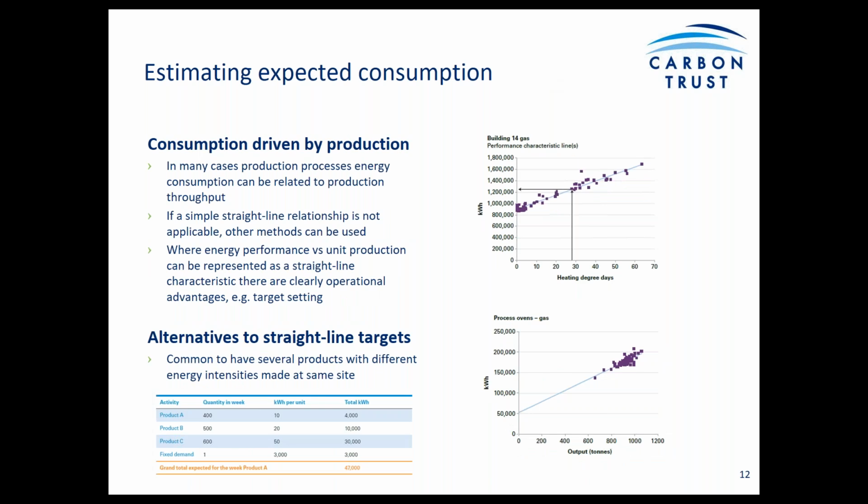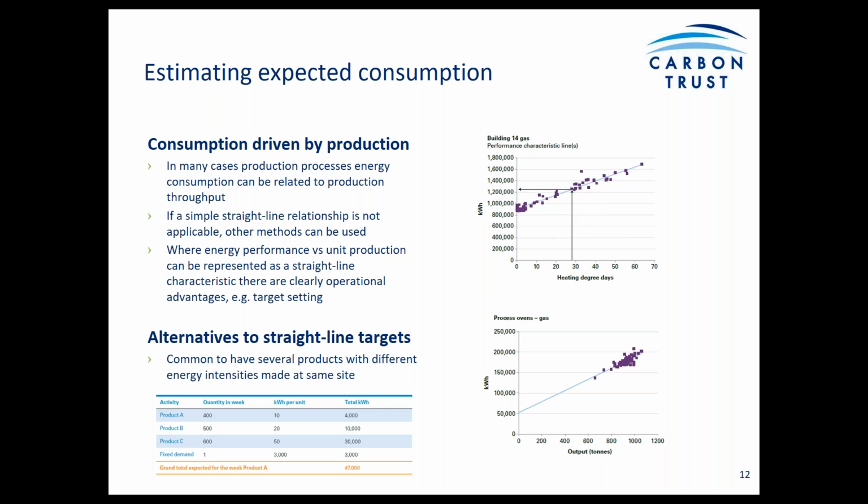The other key driving factor, as mentioned, is normally production or process energy. So where energy performance versus unit production can be represented as a straight line characteristic, similar to energy performance versus external temperature, there are some operational advantages to this.